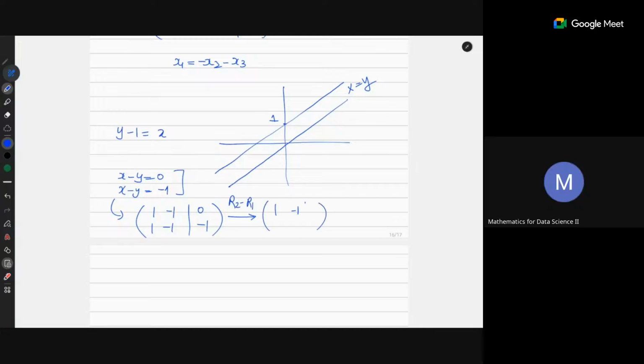You will get 1, minus 1, 0 and 0, 0, minus 1. So you get an inconsistent solution. So it will always lead to an inconsistent solution in the augmented matrix. A system is called consistent if it's not inconsistent. If it is consistent, then you will always get a solution. That is it.